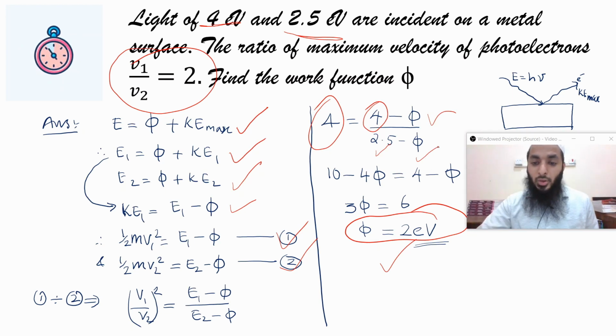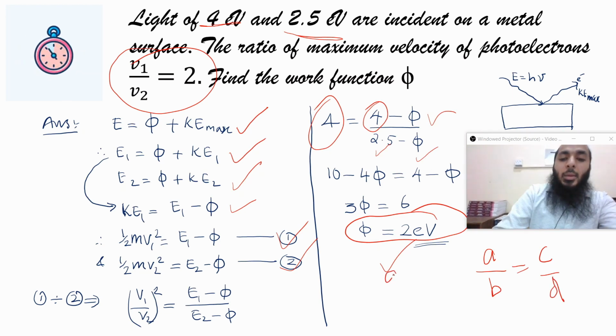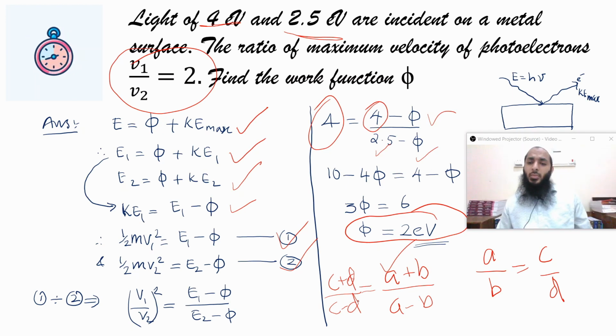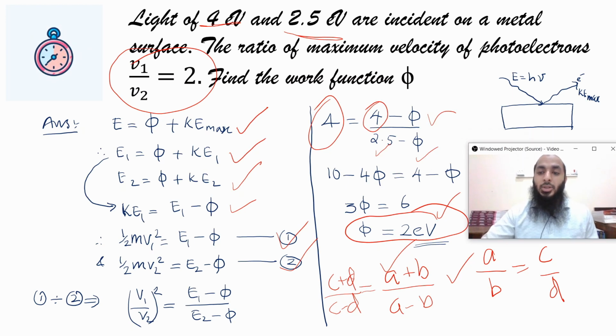You remember, if you have a by b is equal to c by d, then you can also write (a plus b) divided by (a minus b) is equal to (c plus d) divided by (c minus d). It will also give you the answer very quickly. It's up to you. If you want to cross multiply, you can do that. Otherwise, you can use componendo and dividendo. Anyway, the final answer will be work function is equal to 2 electron volt. I hope it is clear.